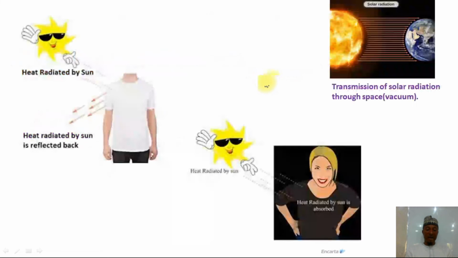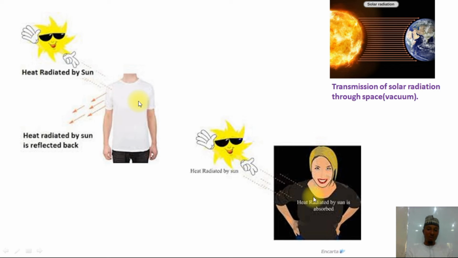So we can guess when an infrared ray strikes on a white object, a white cloth, all of the wave is reflected. That's all of the radiation is reflected. But when it strikes on a black object, all of it is absorbed. So which one do you think will be hotter?